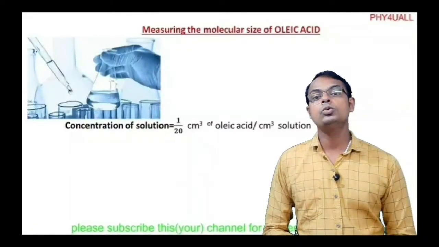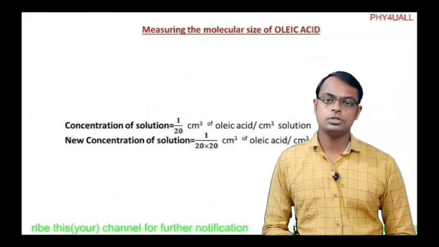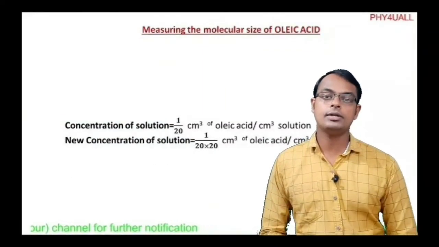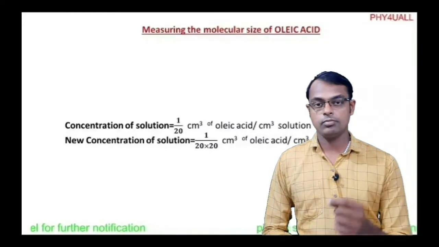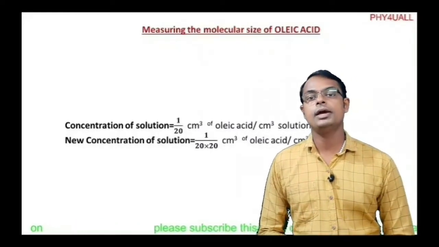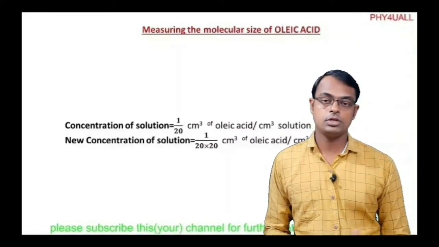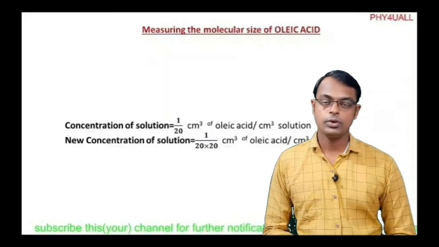What is the new concentration of the solution? The new concentration is 1 by 400, or 1 by 20 into 20, cm cube of oleic acid per cm cube of solution. So the concentration is now reduced, right?